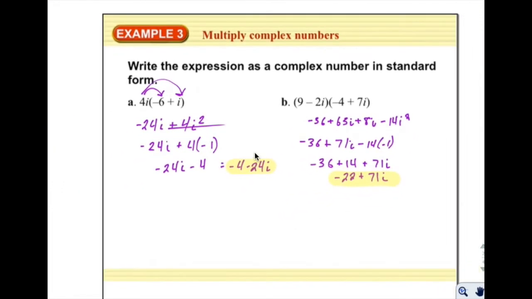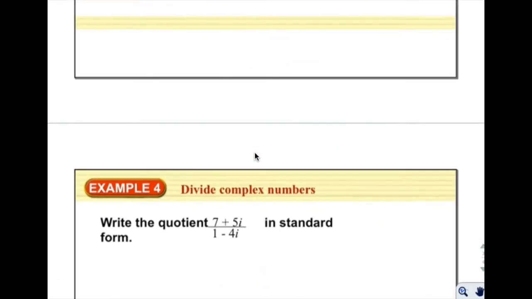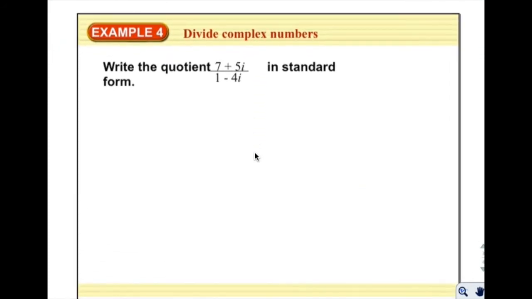So we're really thinking of i as a variable. Occasionally an i squared will turn into a negative 1, and then we'll get rid of that altogether. But as we continue, we're really thinking about i as just another variable that we're used to simplifying, and we just move forward from there.